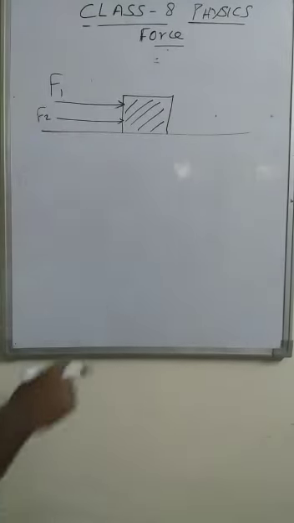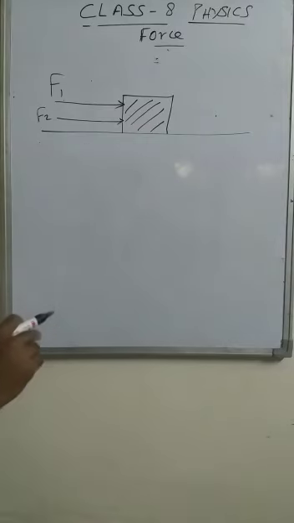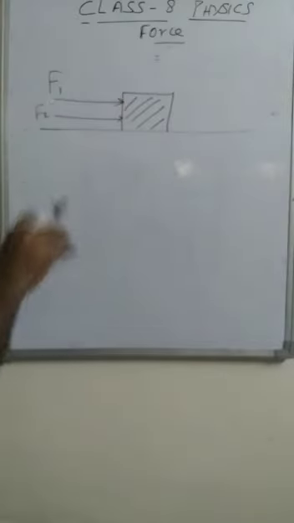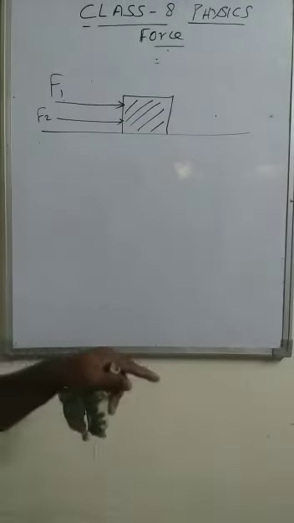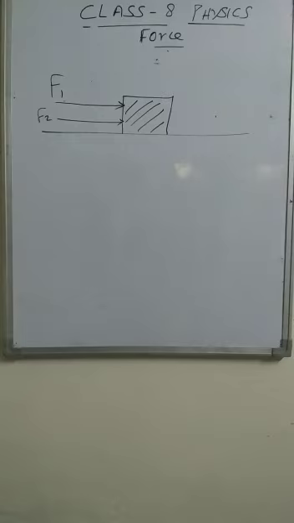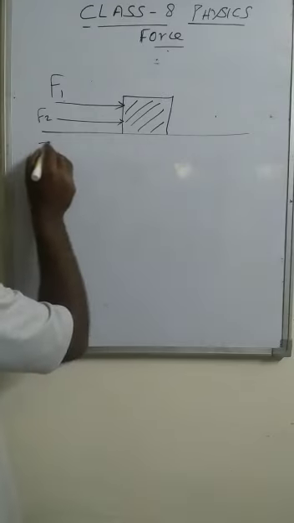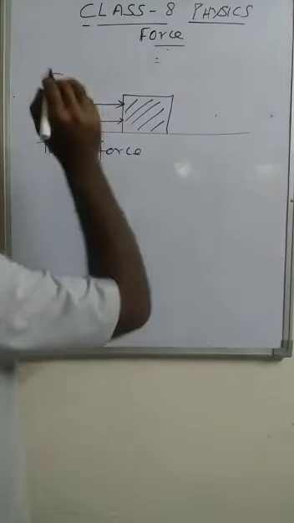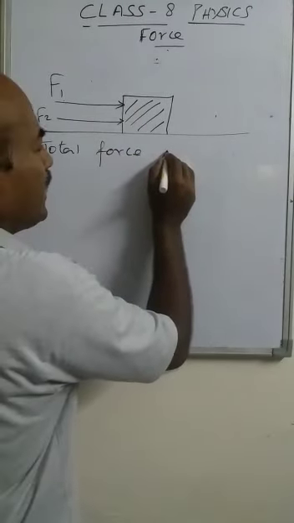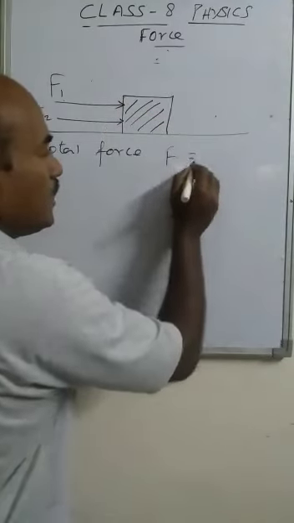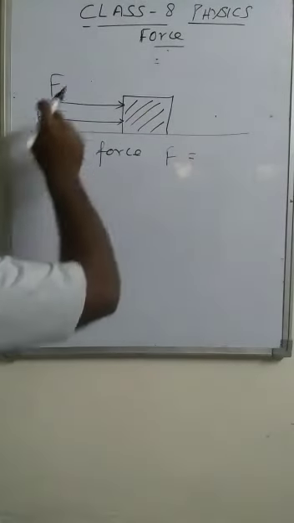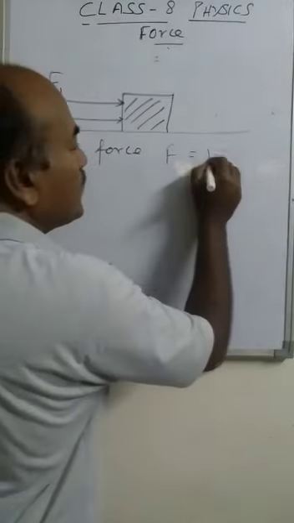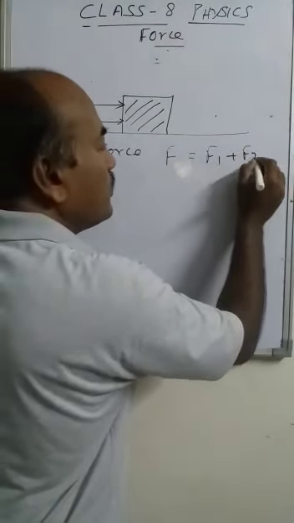So while the two forces are applied in the same direction on an object, the total force acting on this object can be calculated by taking F, that is total force, equal to the magnitudes added, that is F1 plus F2.